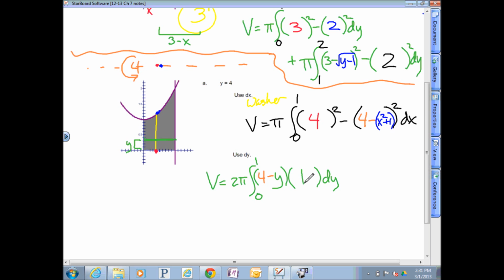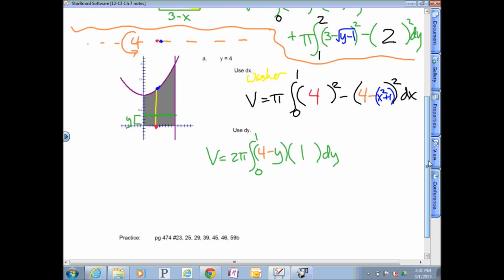And to finish this show off, plus another shell, 2 pi integral from y equals 1 to y equals 2. I need a radius, I need a length with a dy. What's my radius now? If I put this rectangle in here, what's this distance? That distance is a y. Are we revolving that rectangle toward the x-axis? No, we're not.